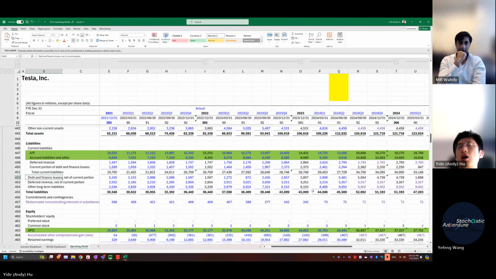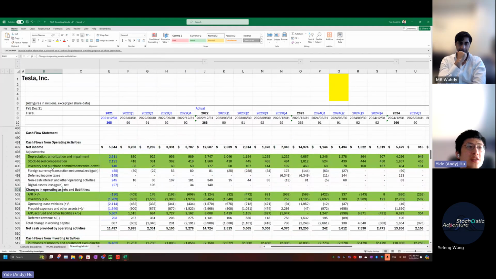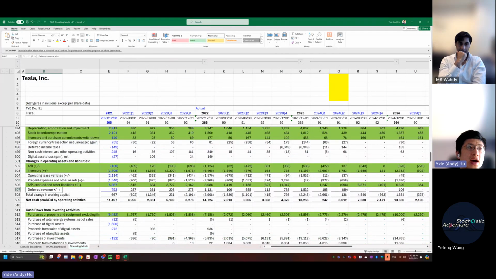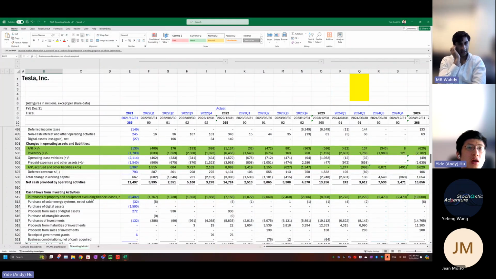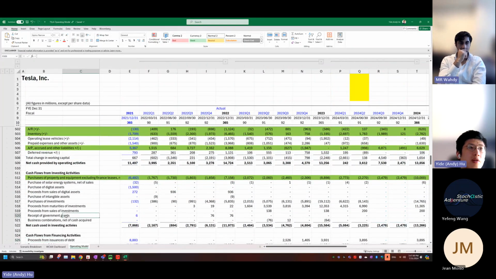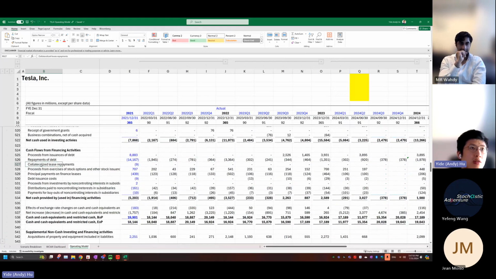Yeah. Oh, wait. Okay. So in the cash flow statement, where is it? It should be below, in the cash flow from financing activities. Lower, the repayment of debt.